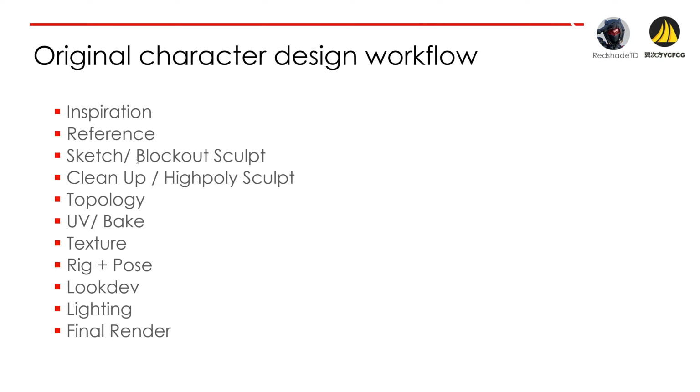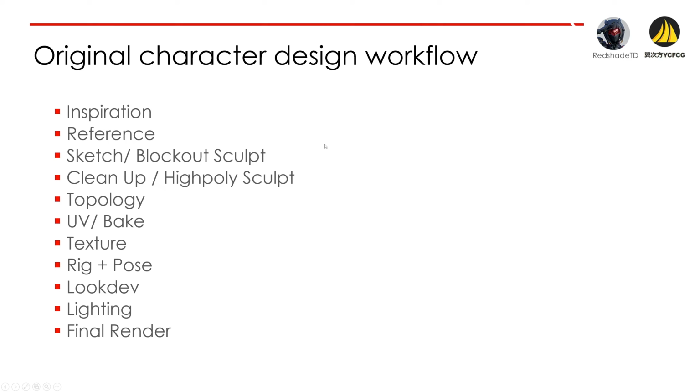Next, we have reference, sketch, lockout scope, cleanup, high poly scope, topology or retopology, UV, bake, texture, rig and pose, look dev, lighting, and final renders. Depending on what we are going to do, this workflow is going to be different every time.